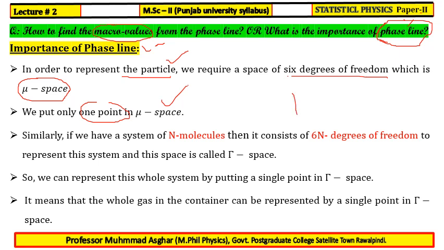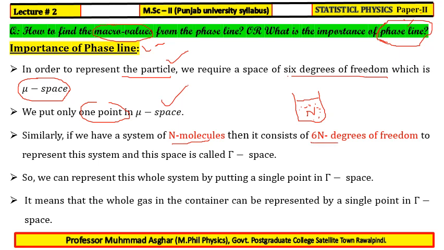And suppose we have a gas in a container and it contains n molecules. This container will have 3 position coordinates of all the n particles, and 3 momentum coordinates of all the particles.